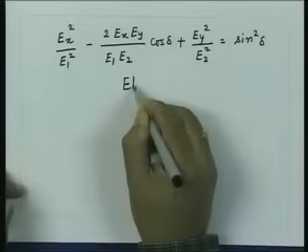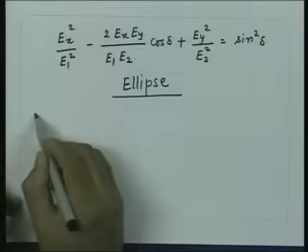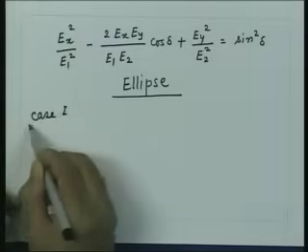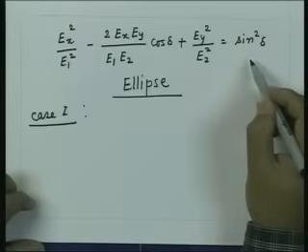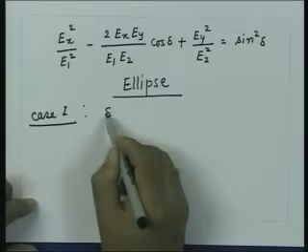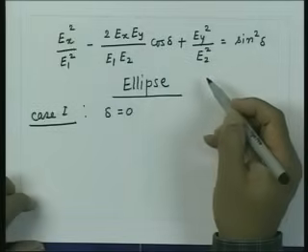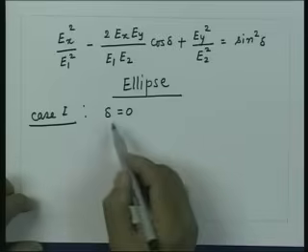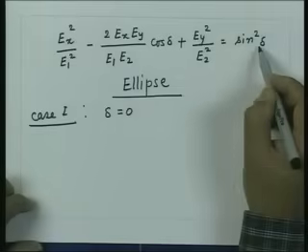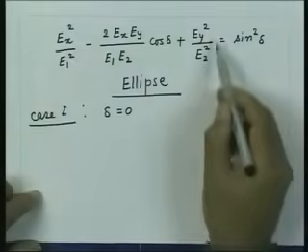So, we can take the special cases. This is the equation of the ellipse. I can take case 1, and that is if the phase difference between these two electric fields is 0. So, let us say delta is 0, and the ratio E2 by E1 could be anything, it can range from 0 to infinity. But when delta is equal to 0, this quantity will be 0, this quantity will be 1, and then this becomes a complete square.